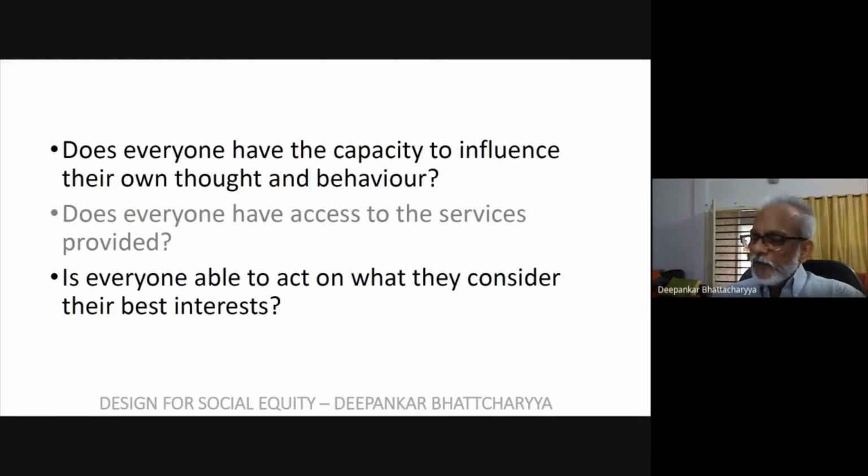So when we look at the services and we look at the environment around us, we must ask, does everyone have the capacity to influence their own thought and behavior? Do we really do that? How many of us feel actually quite helpless in terms of what we can or cannot do regarding our own environment, regarding our own lives?